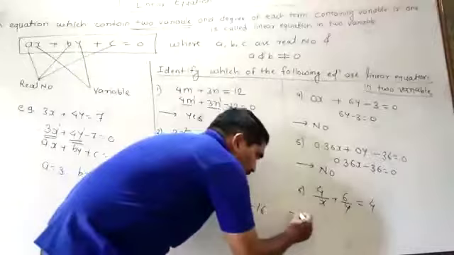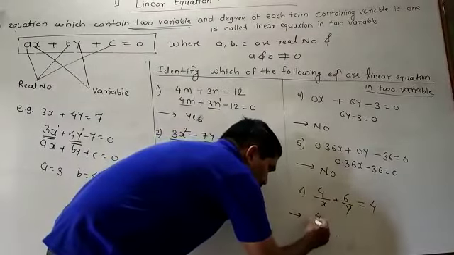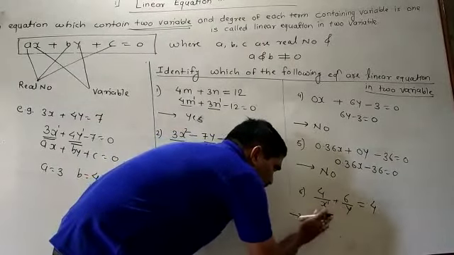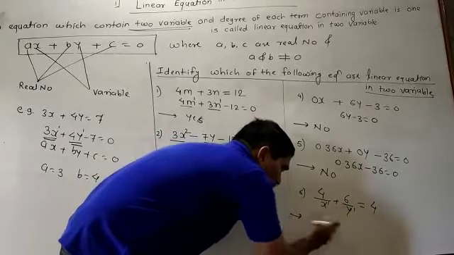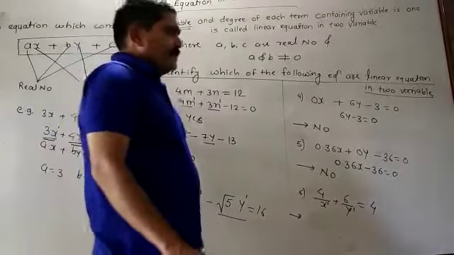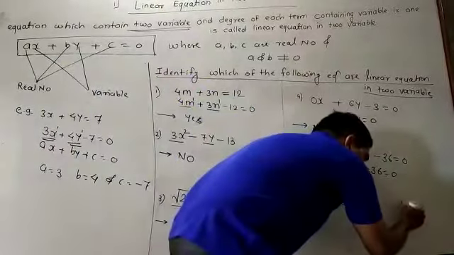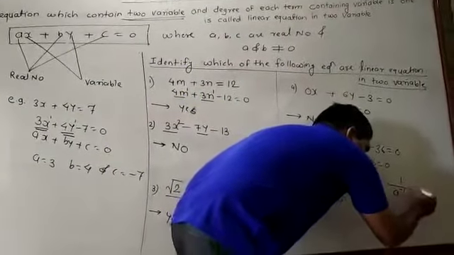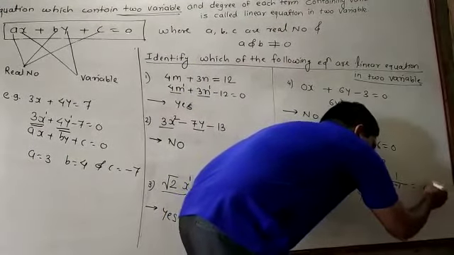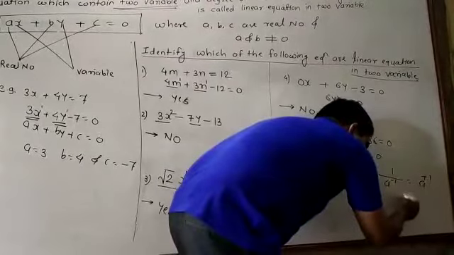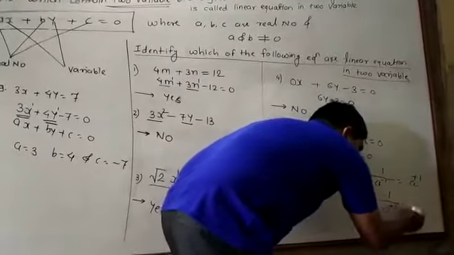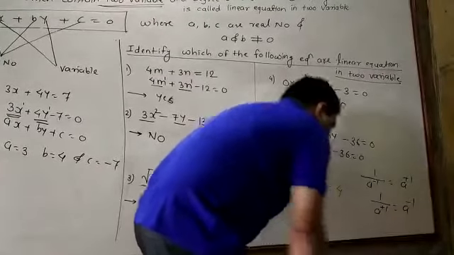After that, you have to concentrate on this equation. I will write this as 4x raised to 1. The index of this variable is 1, and the index of this variable is 1. According to the rules of indices, 1 upon a raised to plus 1 is equal to a raised to minus 1.